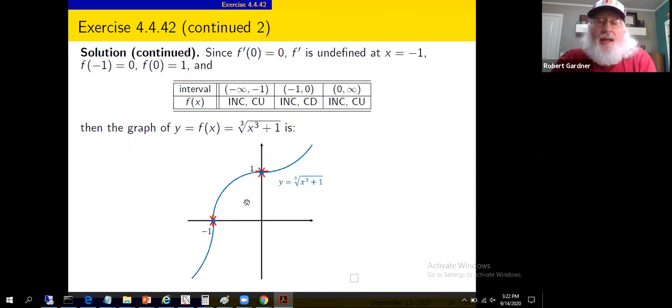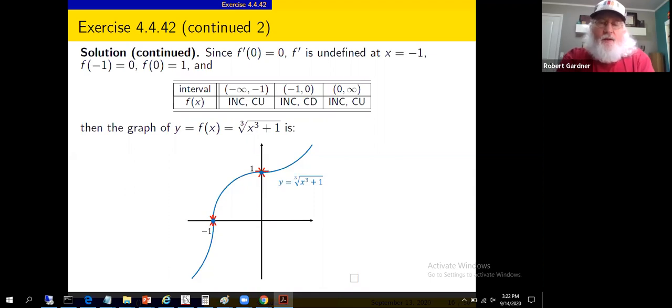We know at x equals 0, the derivative is 0, little horizontal hash mark there. And at -1, the derivative is undefined. So I'll tell you what I'm going to do. I'll put a little vertical hash mark there to indicate something goes wrong with the derivative. We claimed, but we didn't analyze exactly what's going on with that point where the derivative is undefined.